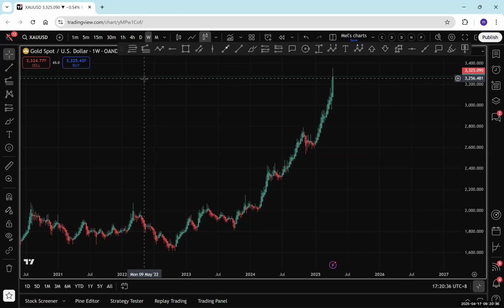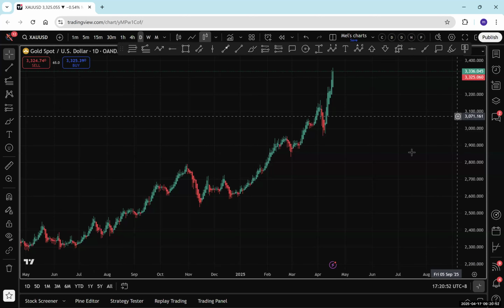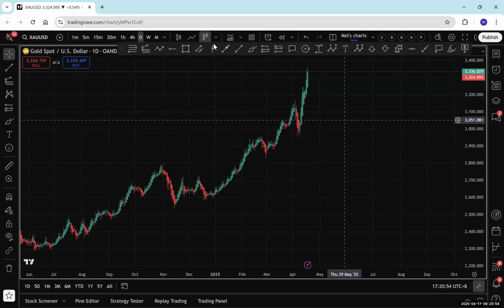Of course this is dependent on geopolitical factors as well. It's just that typically we can expect them to be inversely correlated normally. So on our weekly time frame, prices are moving upwards. Daily time frame, we see that same trend as well.